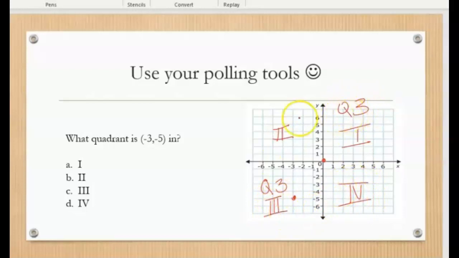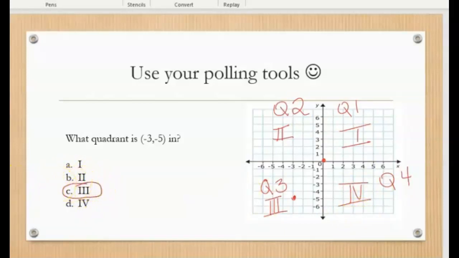I just do Q1, Q2, Q3. But you might also see Roman numerals. So that's a good review of those. You might not remember that IV is 4. So it is in quadrant 3.